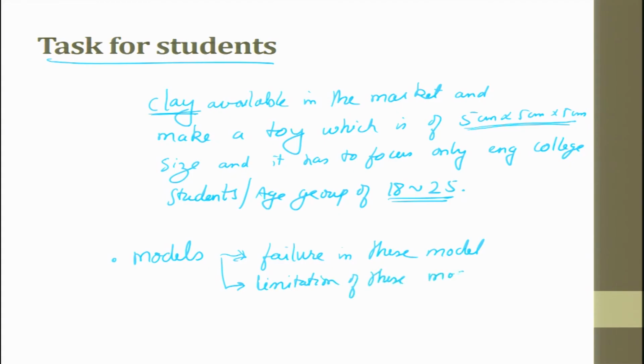I expect you to make more, but if you can make one, it is also fine. And then you should also see, did you use the layer by layer technique? If you used it, is there a time reduction for building up the same part? Please try to do this.